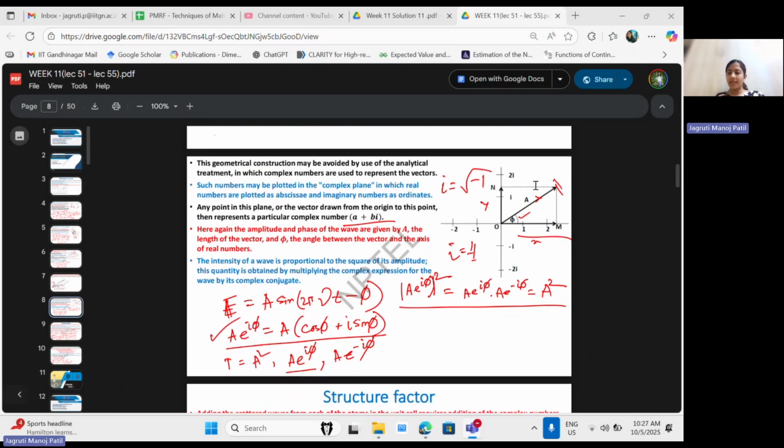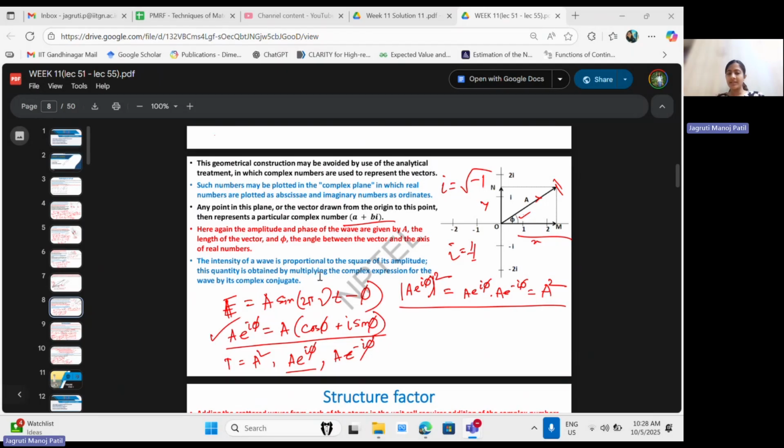Now if you have something like this, I don't know how convenient it is for science students, but people who have done 11th and 12th with a little bit of maths will be able to solve this. Here i is an imaginary number, which is the square root of -1.